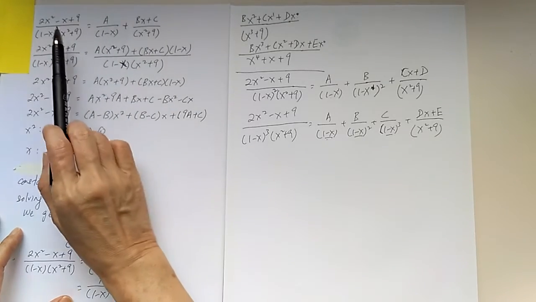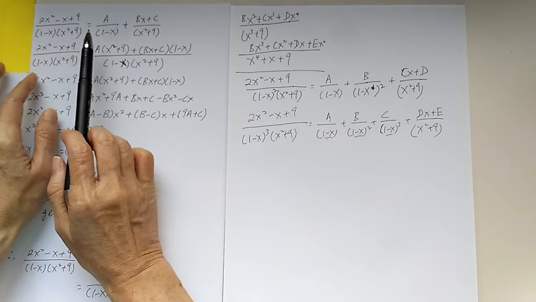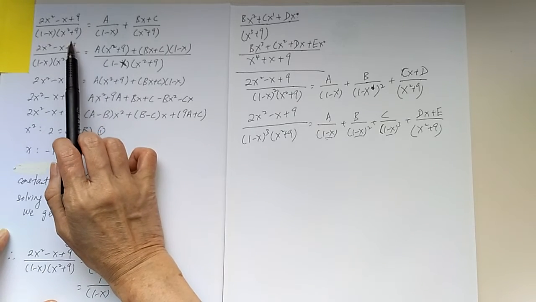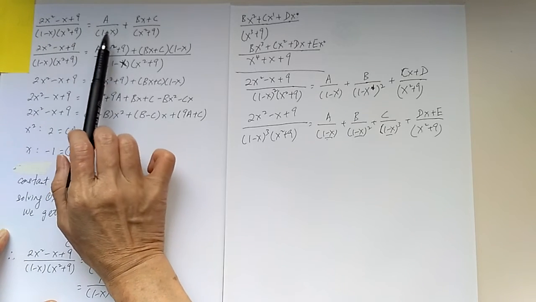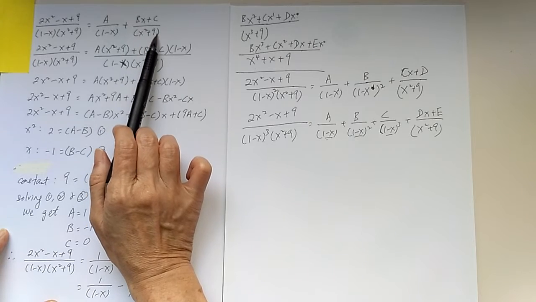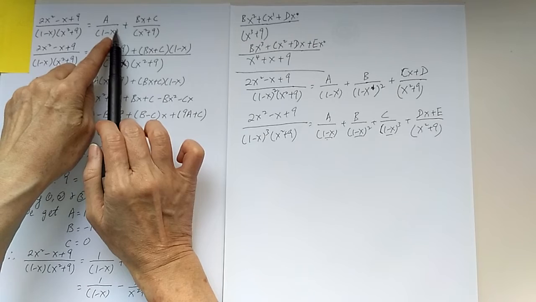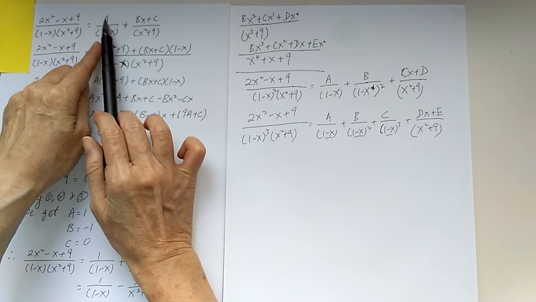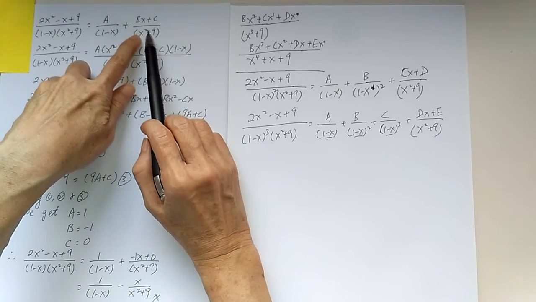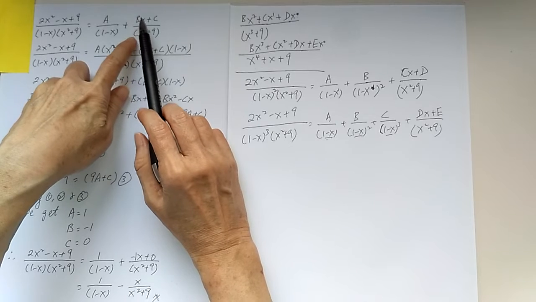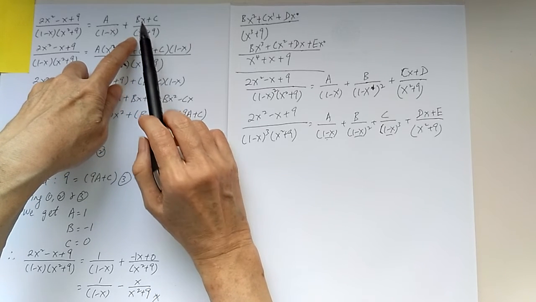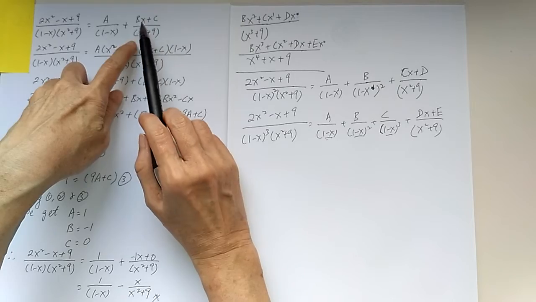For this case, we can break down into 2: 1 minus x and x squared plus 9. The top, you look at the inner bracket, the highest power is 1, so the top must be a constant. You look at this one, the inner bracket, the power is 2, so the top must start from x to the power 1 and then all the way to constant.